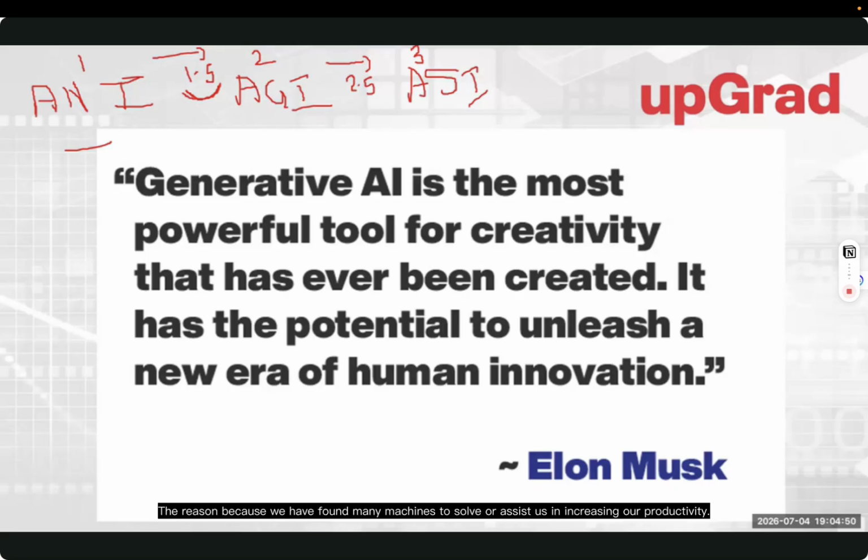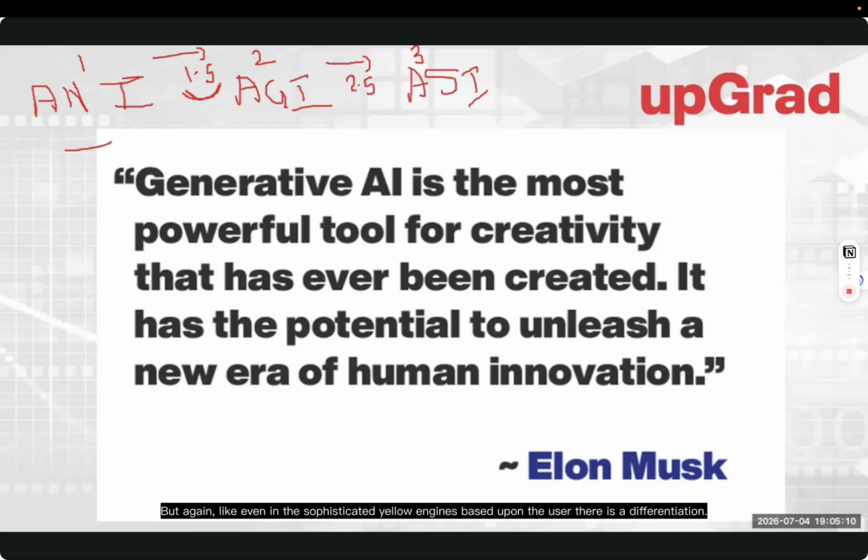I accept there is a scope to solve a lot of problems with the current level of invention. The reason is that we have found many machines to solve or assist us in increasing our productivity, but thinking has not been assisted by any machine. So now the current Gen AI is able to think to a certain level, and that way it can assist.